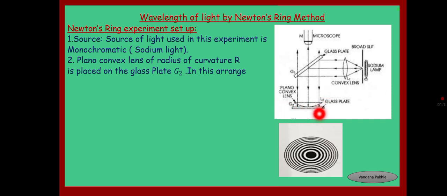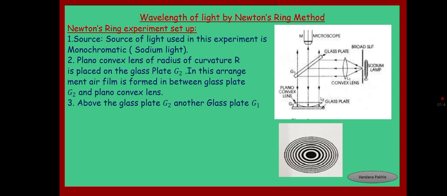So here there is a small gap between glass plate G2 and the plano-convex lens. In this gap there is an air film, and this air film is the film for this interference pattern, or we can say that the interference pattern is formed because of this air film.